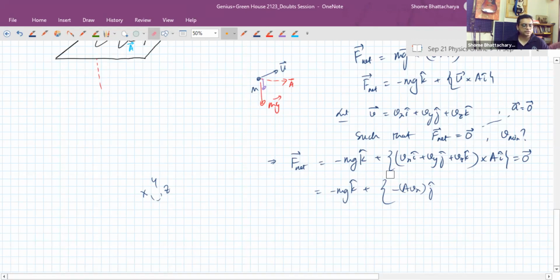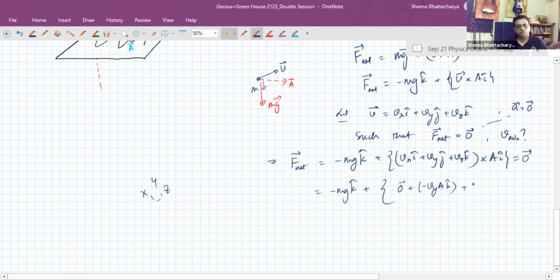So i cross i, the first term will be zero, i cap cross i cap is zero. Then the second term is j cross i, and j cross i is minus k, so this will give you minus AVy k cap. And the third term is k cross i, which is j.